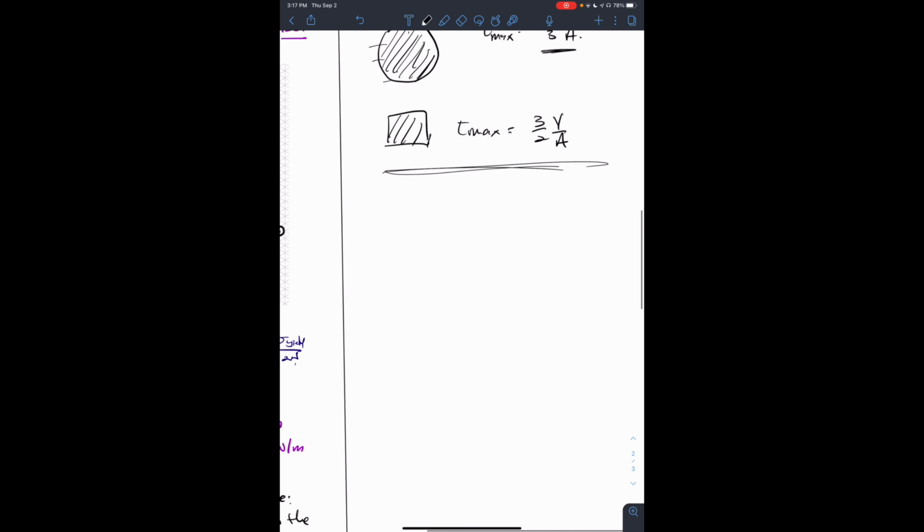The pipe section in question, we say that this has an outer radius of R2 and inner radius of R1. The shaded region here is the solid region.